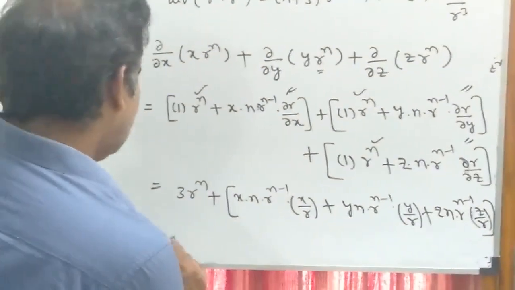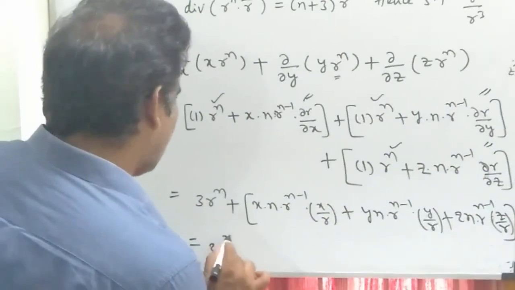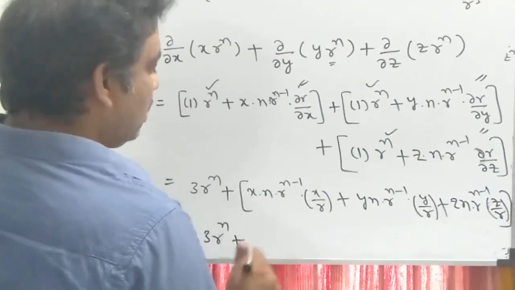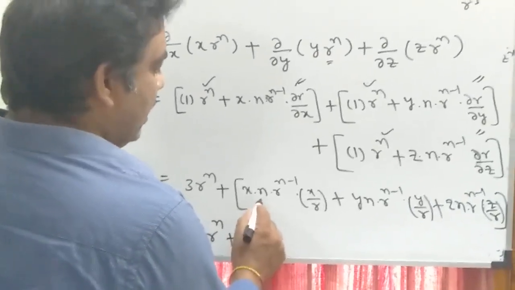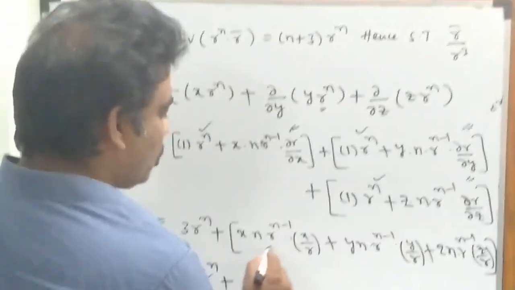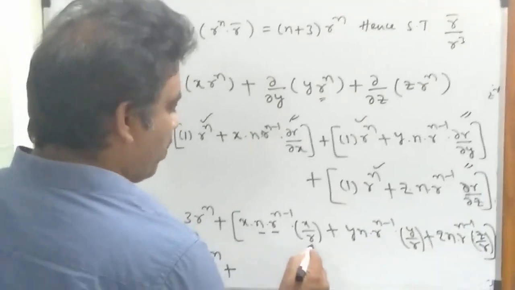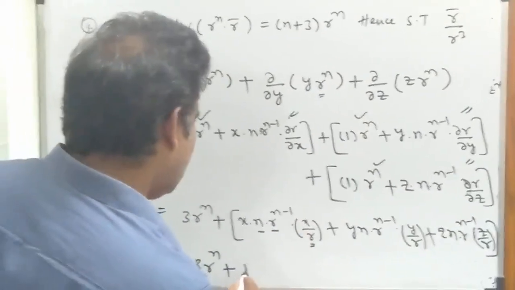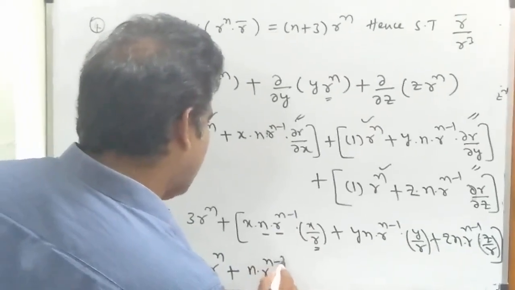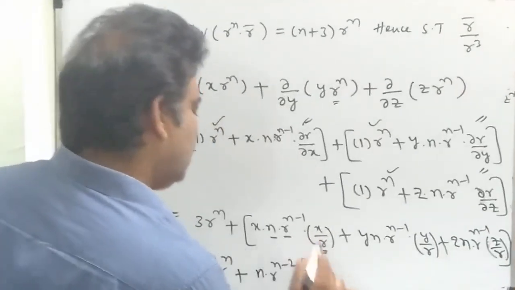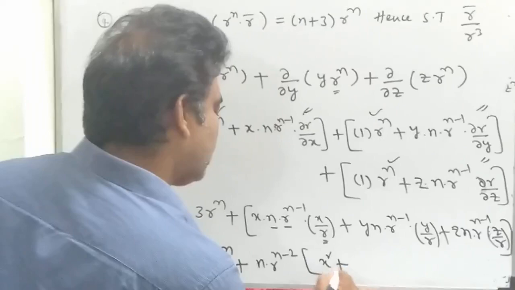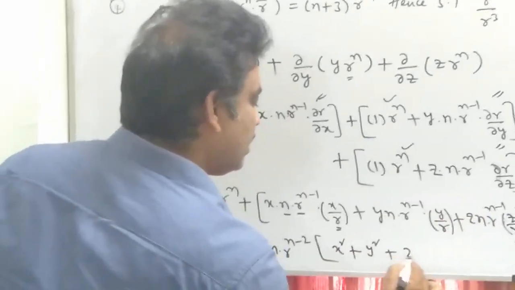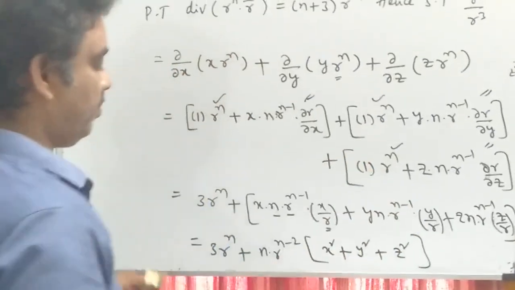So this is 3 into r power n plus the common term n into r power n minus 2, which I am taking outside, times x into x, x square, y into y, y square, plus z into z, z square.